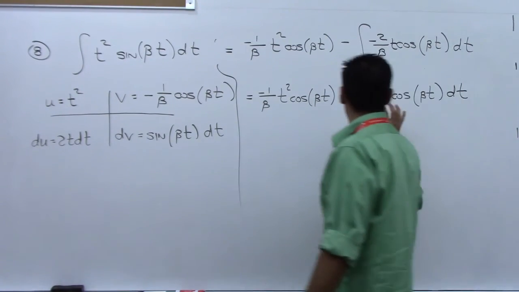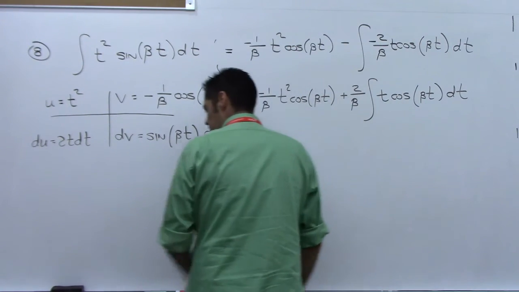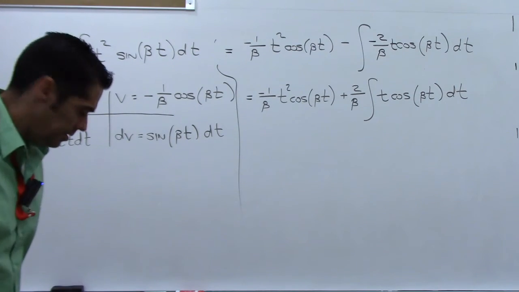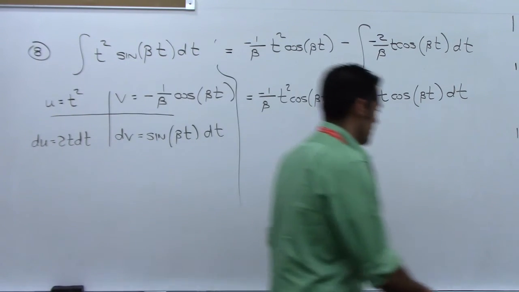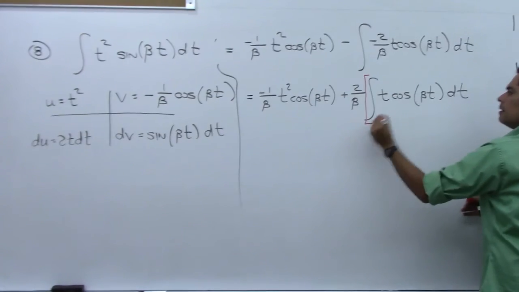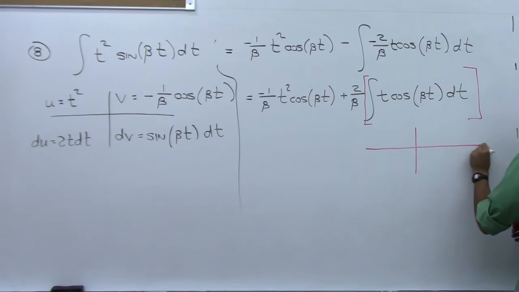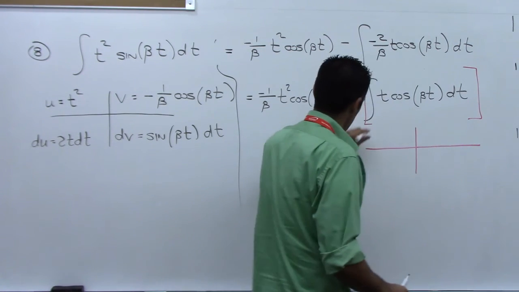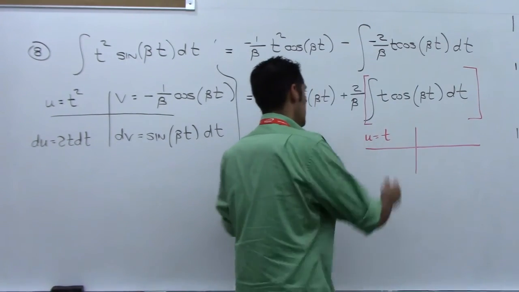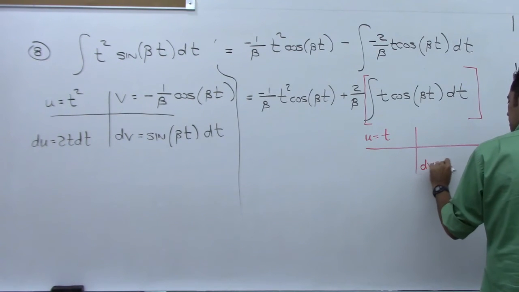And I cannot do this integral. So I have to do integration by parts again. So I'll do that, I guess, in red. So just this part right here is a new integration by parts, a new table. This time my u is going to be the linear expression in t, and then the dv will be the cosine because I can integrate that.